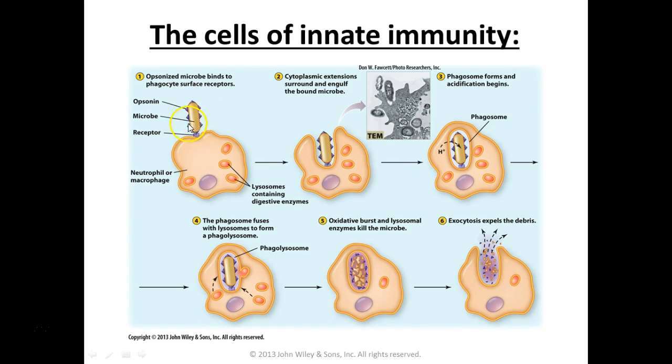So specific molecules binding to the pathogen that our phagocytes recognize. So what's an opsonin produced by the complement system that we learned about last time that could be bound to the surface of this, and the phagocytic cell, like a neutrophil or a macrophage or a monocyte, has a receptor for? What complement protein is an opsonin?